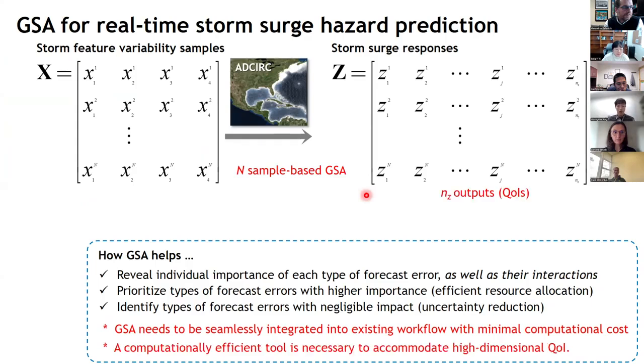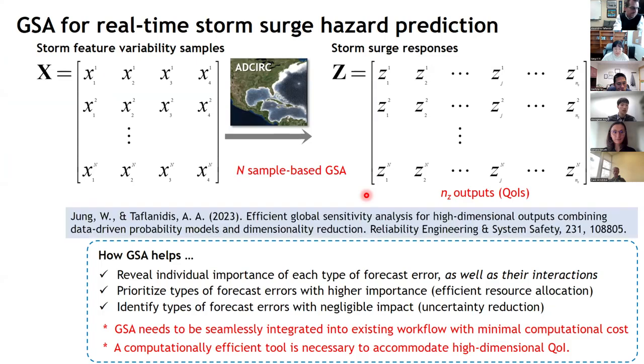Additionally, a computationally efficient GSA tool is necessary to accommodate this very high dimensional QI. So these were the motivations for developing the computationally efficient GSA framework in this paper.